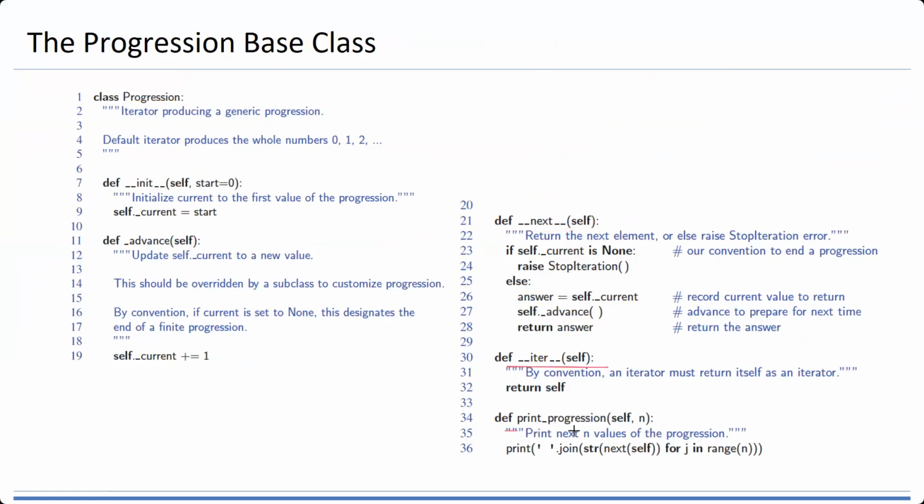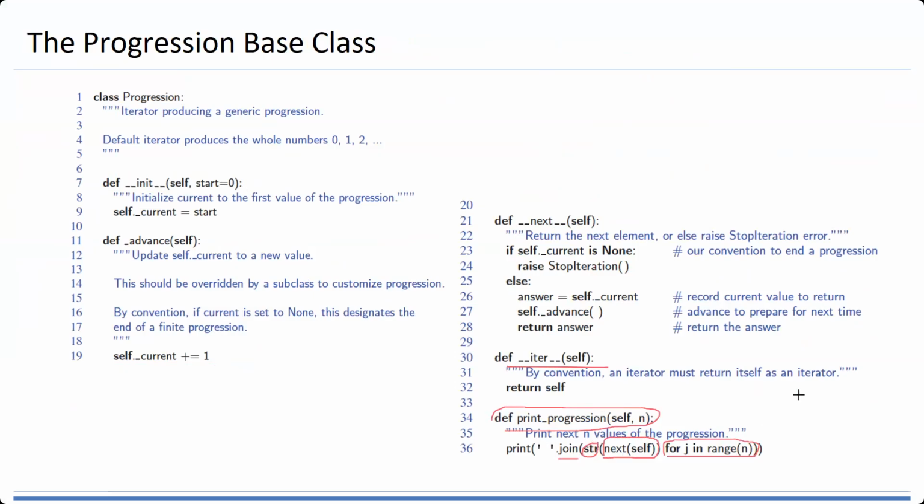And then print progression. I want to print the result from the progression that we have. So we use the join, and then I want to see what is the next value for j in the range of n, and put them as a string.